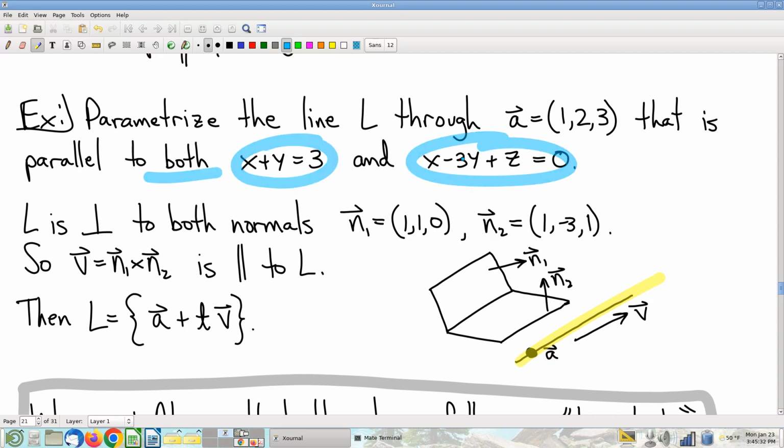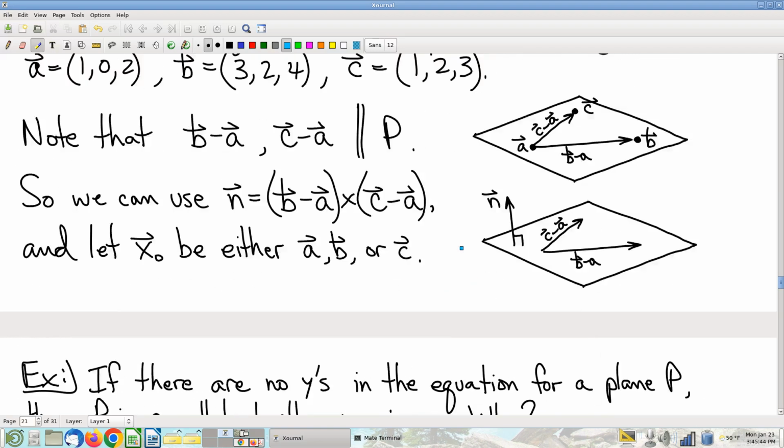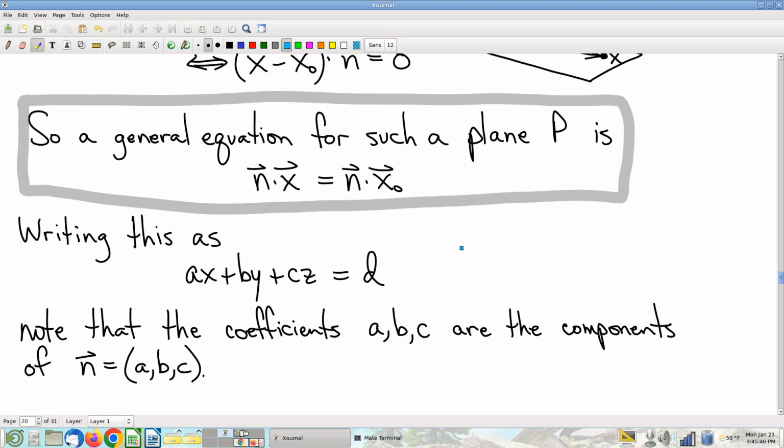Mm-hmm. I understand the second equation being equal to 0 means that you can employ like the ax by thing, but what about x plus y equals 3? What happened to the constant of 3? Oh, yeah. What I'm doing there, I'm citing this result here, that when you have an equation in this form, these coefficients give you your normal vector. And notice that D just doesn't matter.